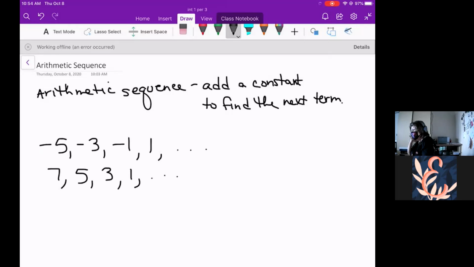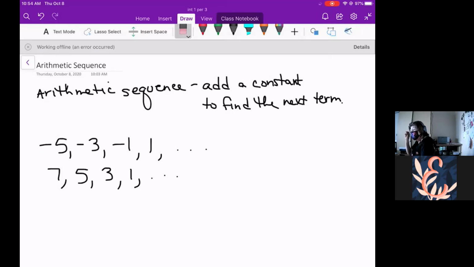What's being added this time? Here, what number's being added? 2, right? What number's being added here? -2. So it's still addition, it's just a negative this time.